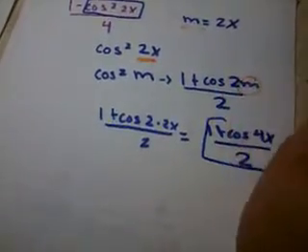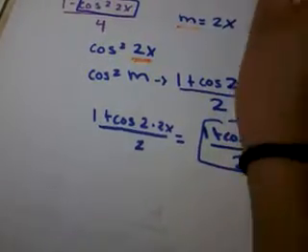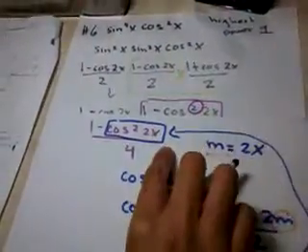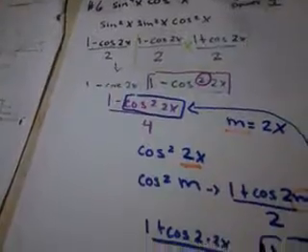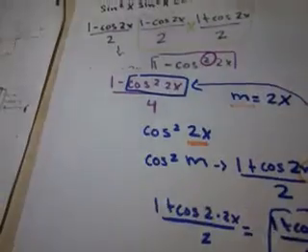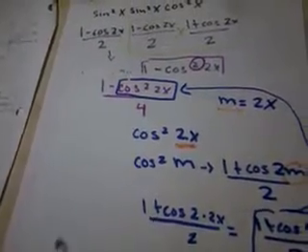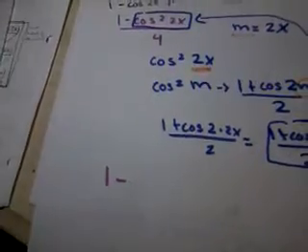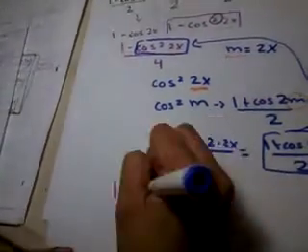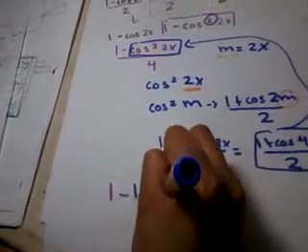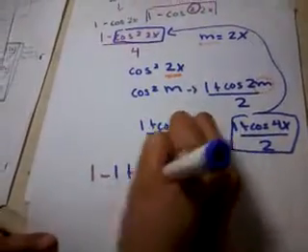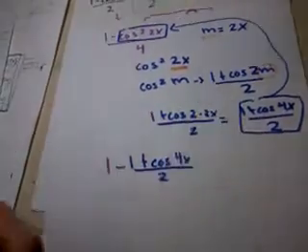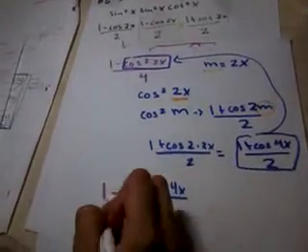And all of this is this. So we have to substitute this box for this box. So it will be 1 minus this, so it's 1 plus cosine of 4x all over 2, which is then all over 4.